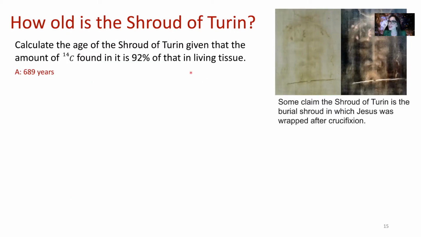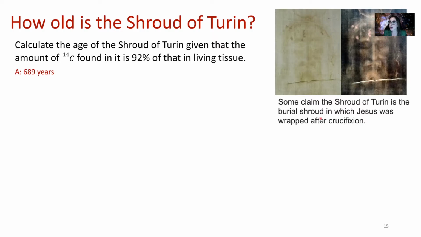We're going to think about this idea of half-life in order to date the age of an artifact. In particular, we're going to think about the Shroud of Turin. So some people claim that this artifact called the Shroud of Turin, which we see an image of here, is the burial shroud in which Jesus was wrapped after the crucifixion.